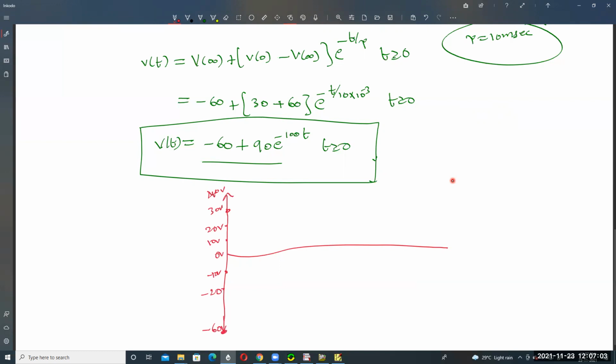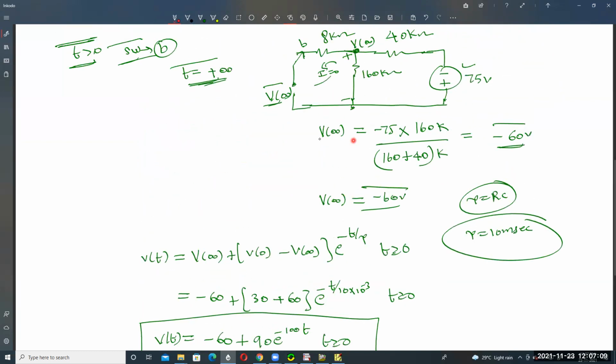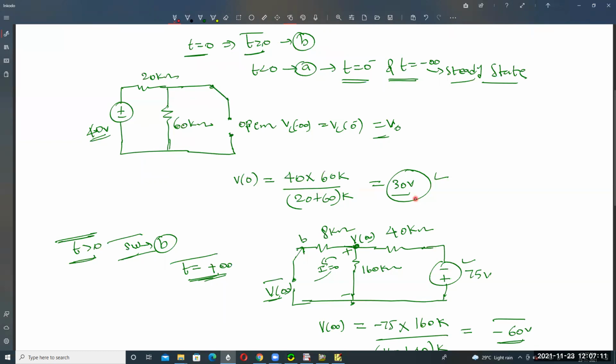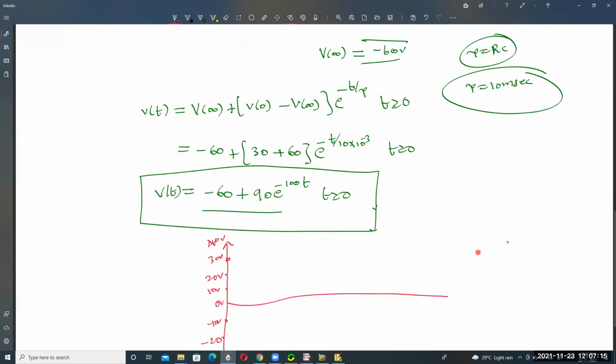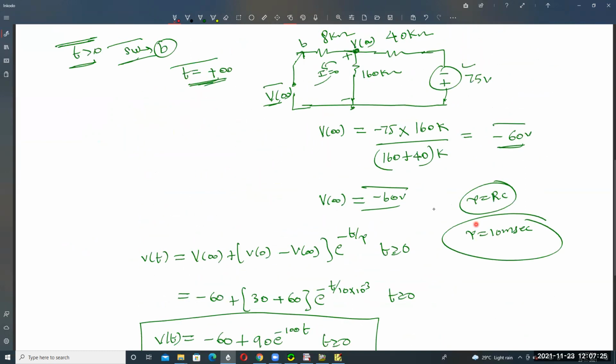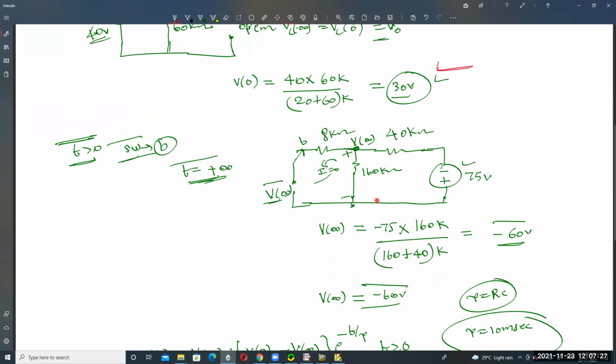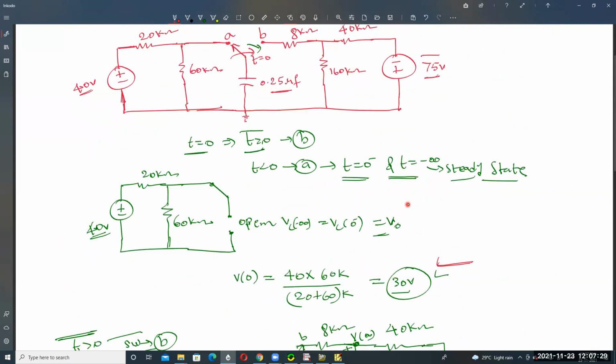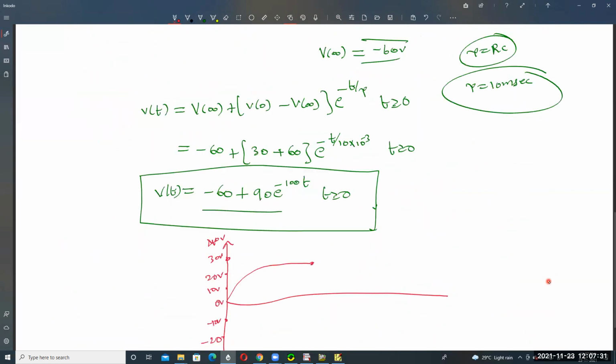Initially the capacitor charges to 30 volts. So the initial voltage across the capacitor is 30 volts, before, at position A. The capacitor had charged over a time well above the time constant, for example 50 milliseconds.